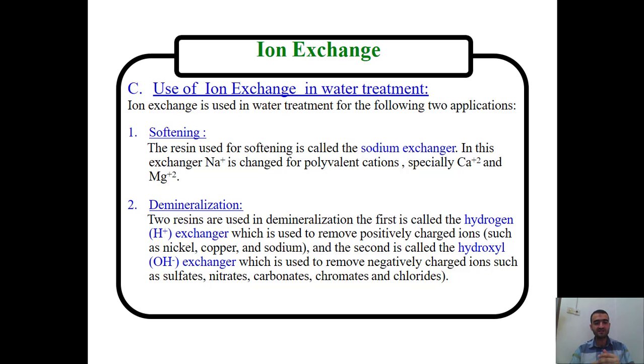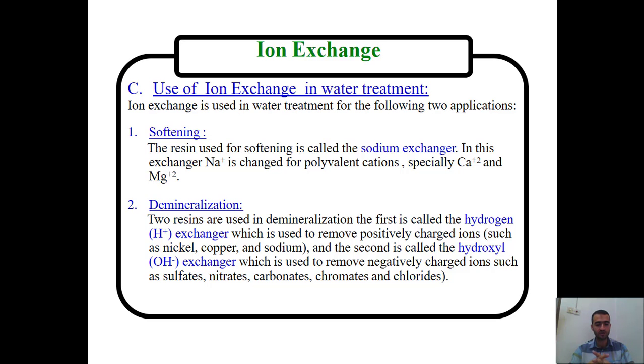The other use is demineralization, which means removing the minerals from the water, or producing much purer water. For this specific purpose, different resins are used, but the most used one is the hydrogen exchanger.